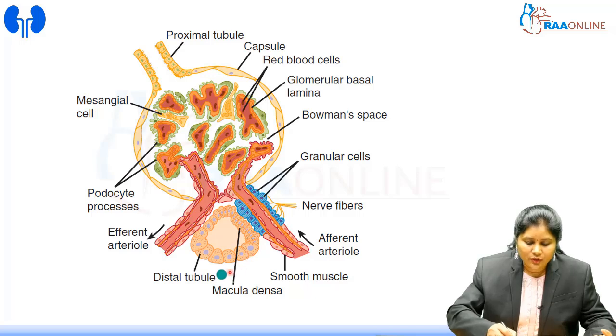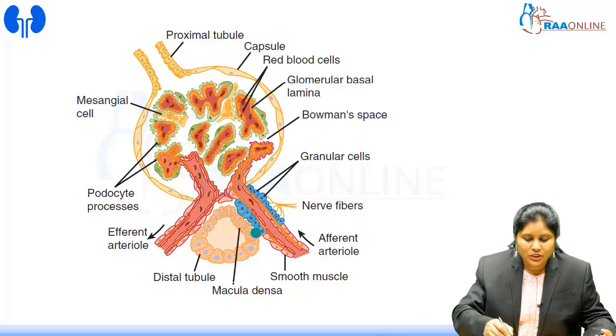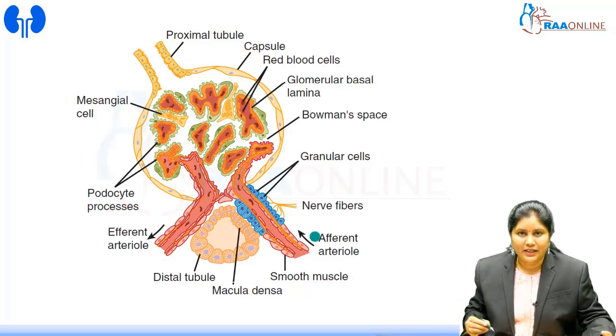You can also see a tubule, the distal convoluted tubule. When it comes and loops around the glomerulus, it forms a specialized cell called the macula densa cell. This macula densa cell, this juxtaglomerular cell, and there are some mesangial cells here in the glomerulus. Altogether they form the juxtaglomerular apparatus. We will see the significance soon.